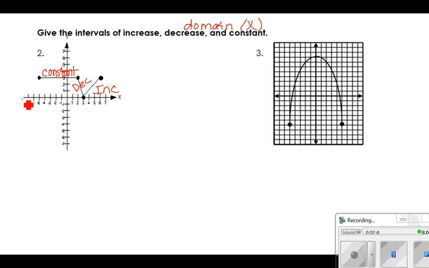And remember, I only want to use the domain, so the numbers I choose are going to come from the red line. So I have all 3 things, so I'm going to write increase, decrease, and constant.